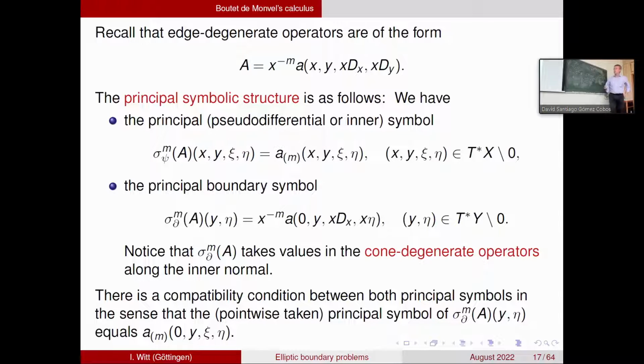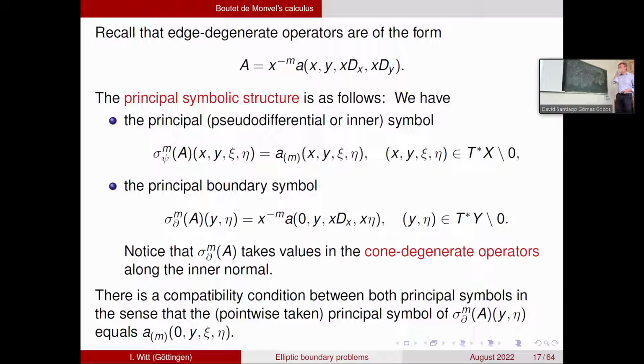So what do we do? We just don't touch this totally characteristic derivative. We freeze coefficients at x equals 0, and we basically replace the differentiation with the corresponding covariable.